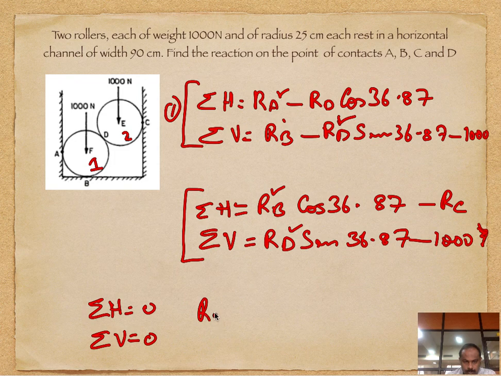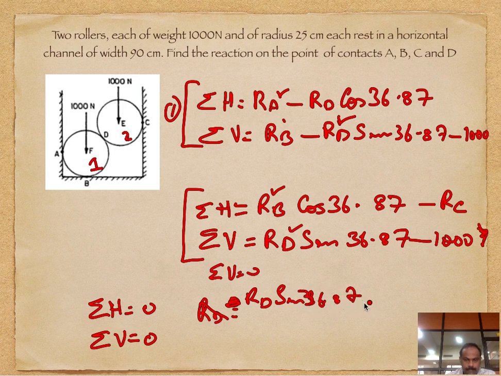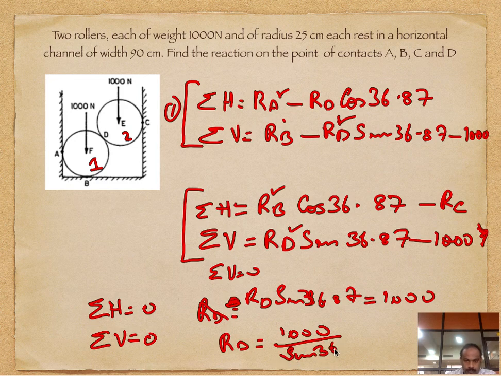RD is equal to, first of all equate sigma v to 0. So 0 equals RD sin 36.87 minus 1000. Then RD is equal to 1000 divided by sin 36.87.